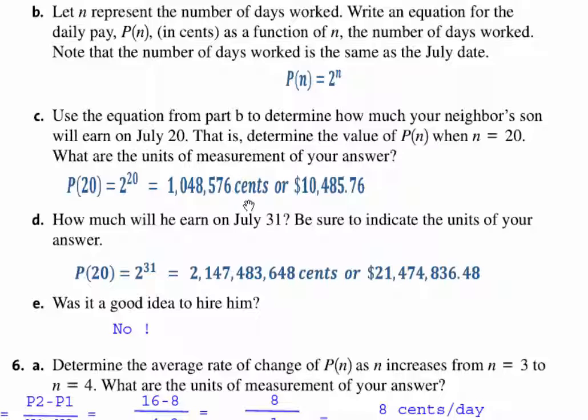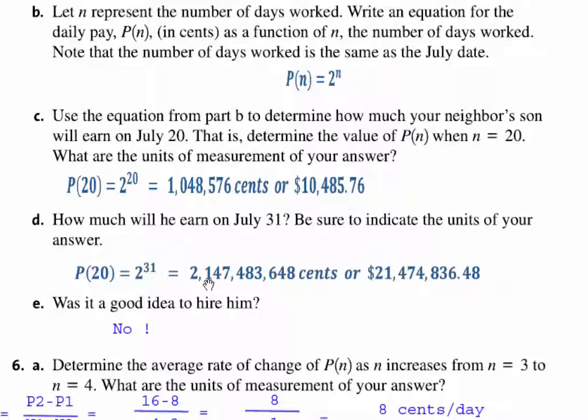So in essence, $1,048,576 is equal to $10,485.76. Now, if I want to know what he will earn on July 31st, I'll replace the 20 with 31, and I'll raise 2 to the 31st power.